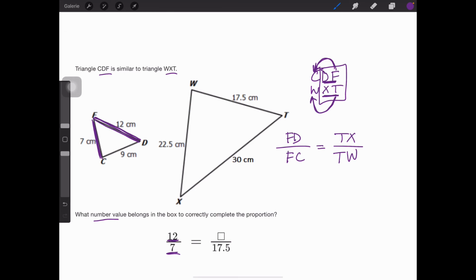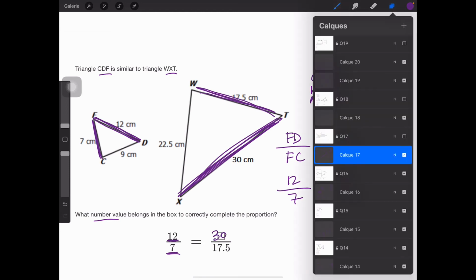I just have to fill in those values. I know that FD is 12, FC is 7, and I have to figure out that blank, but TW is 17.5. And I can check by looking at my image. Yep, T to W is 17.5. So now I look at my image for TX, and it turns out that TX is 30 centimeters. So I have my answer. The number in this blank should be 30.